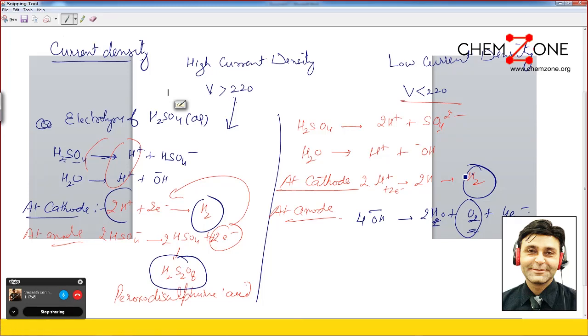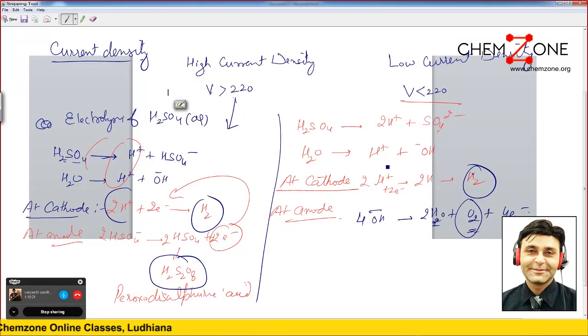In the higher current density, at the anode it was the HSO4 that got oxidized, but in low current density it's the hydroxide that got oxidized. I just don't understand why. What is the reason for the change at the anode?